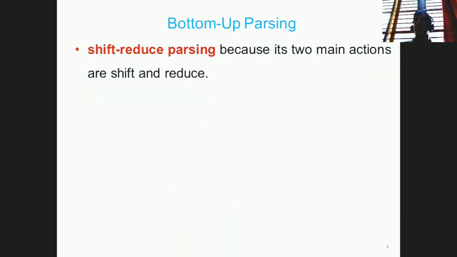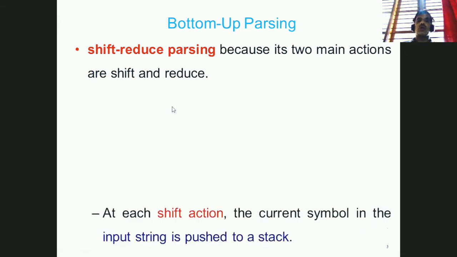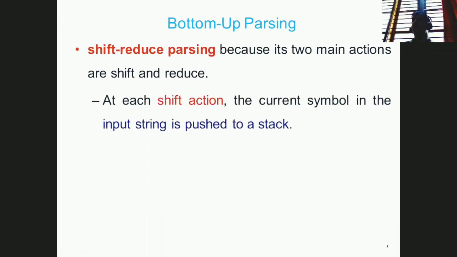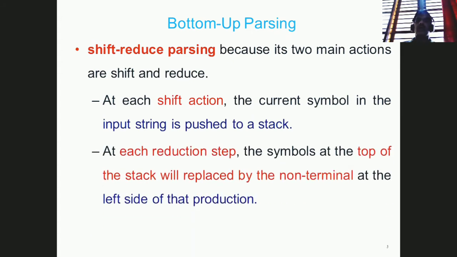In bottom-up parsing, we call it shift-reduce parsing. It basically has two main actions: one is the shift, the other one is the reduce. What shift does is the current symbol in the input string is pushed onto the stack, whereas in reduction, at each reduction step, the symbols at the top of the stack will be replaced by the non-terminal at the left side of that particular production.